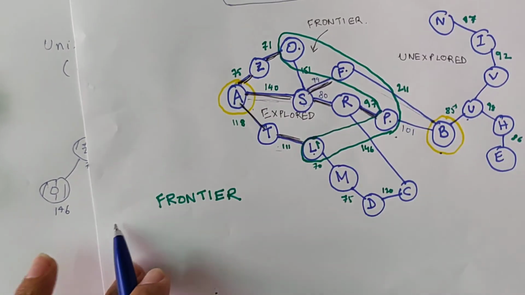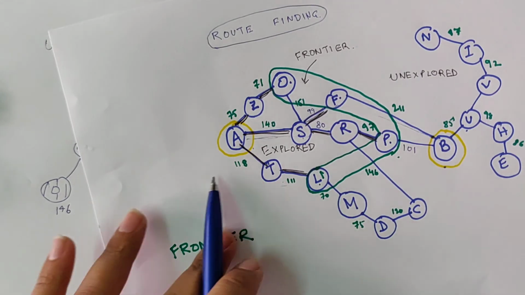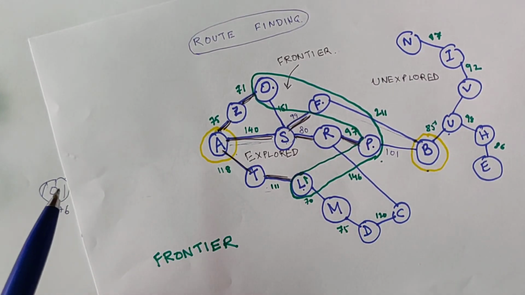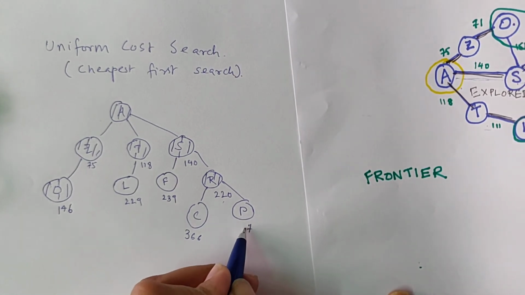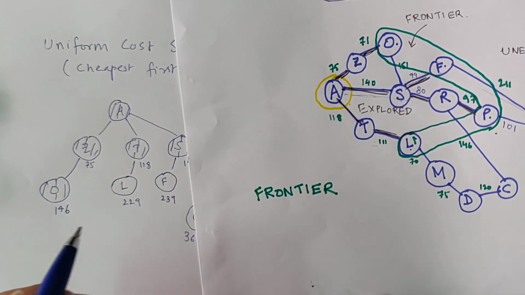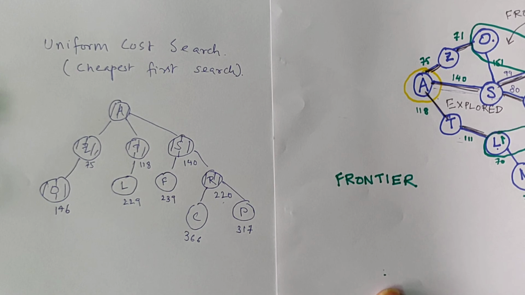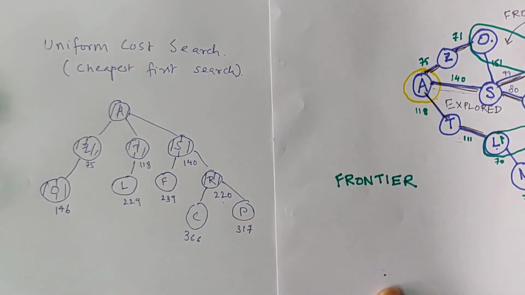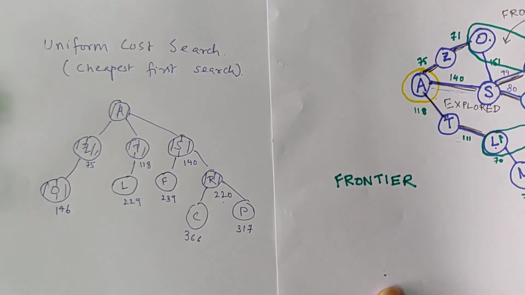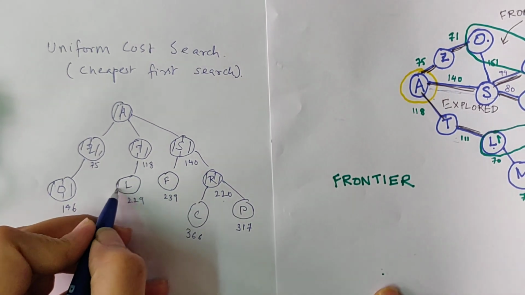For P it is 220 plus 97, so it's 317. So now my frontier is L, F, C, P. Which one should I open? L, which has a cost of 229.